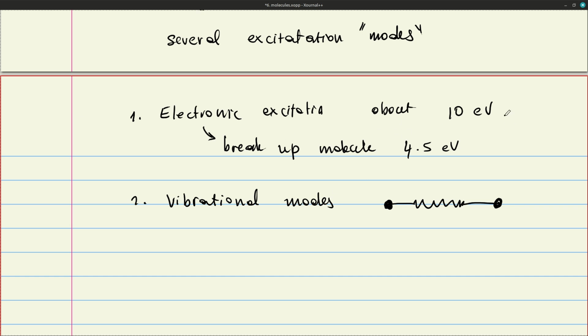And the electronic one, by the way, corresponds to visible light. This one has an energy scale of order 10 to the minus 1 eV, like 0.1, maybe 100 times smaller than electronic, and it corresponds to infrared radiation.